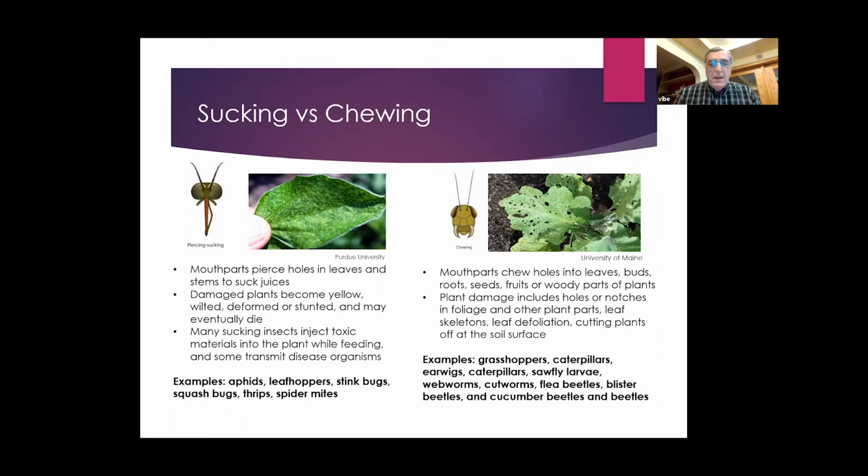And when you are looking at the garden and you see some problems with your plants, what you'll notice is you either have a chewing insect problem or a sucking insect problem. And that's where you see those 2 images.